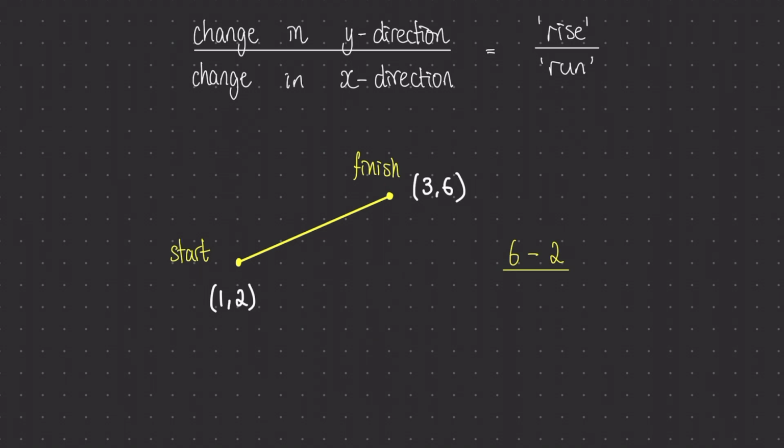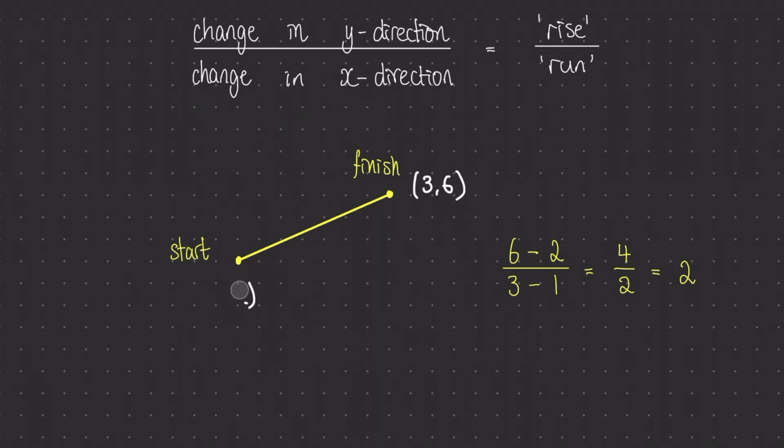Then we're going to divide by the change in the x direction. The final x coordinate was 3. The initial one was 1. If we work this out, we find that the gradient is 2. That means for every 1 we go across in the x direction, we will rise by 2.